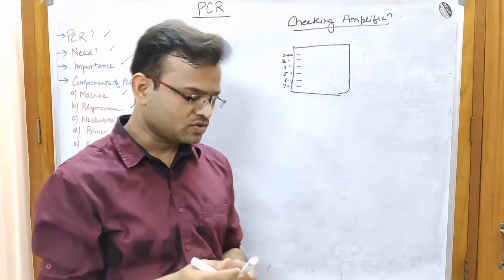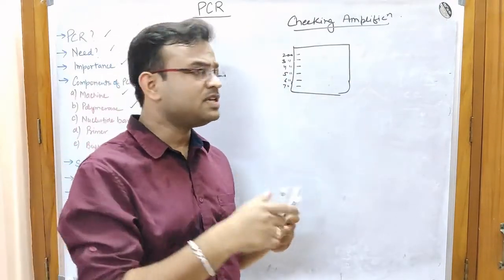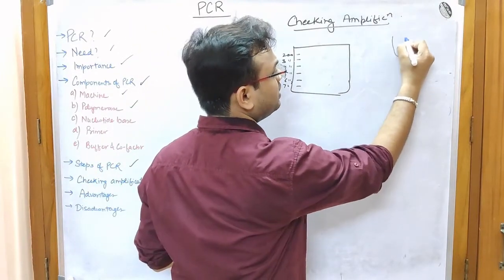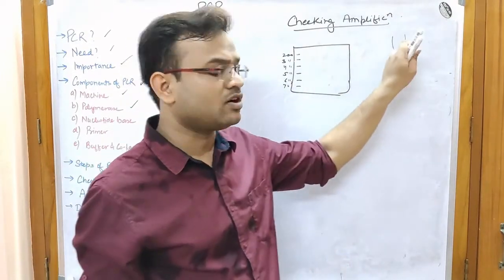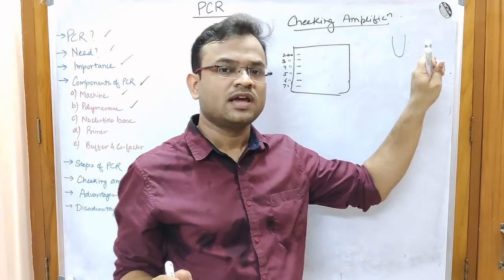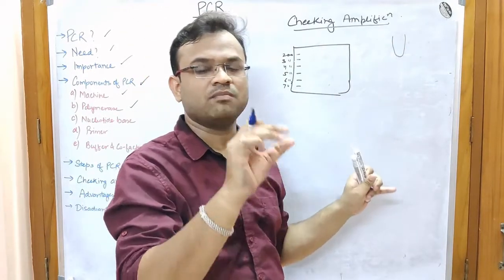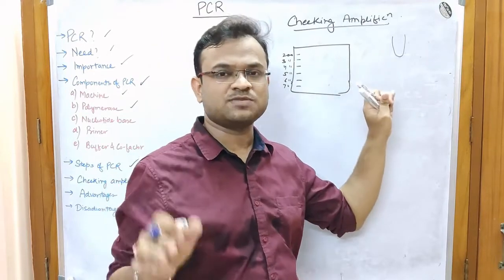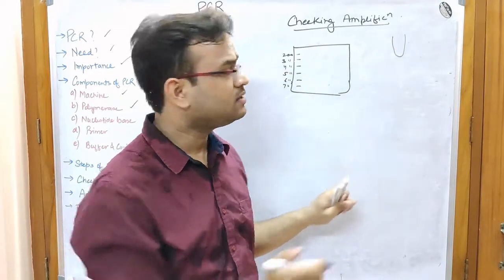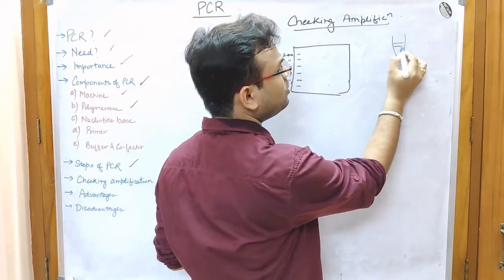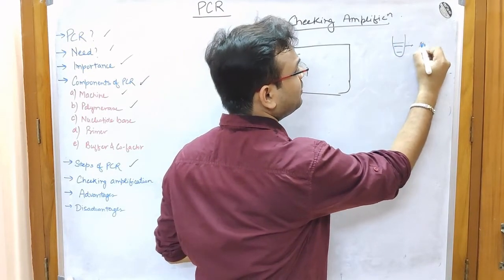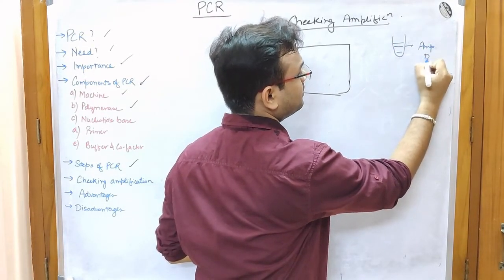500 kb. So after the PCR, in this tube you had all your mixture, and you have taken this tube out from the PCR machine after the program has been completed. So you think that in this tube you would have your amplified DNA.